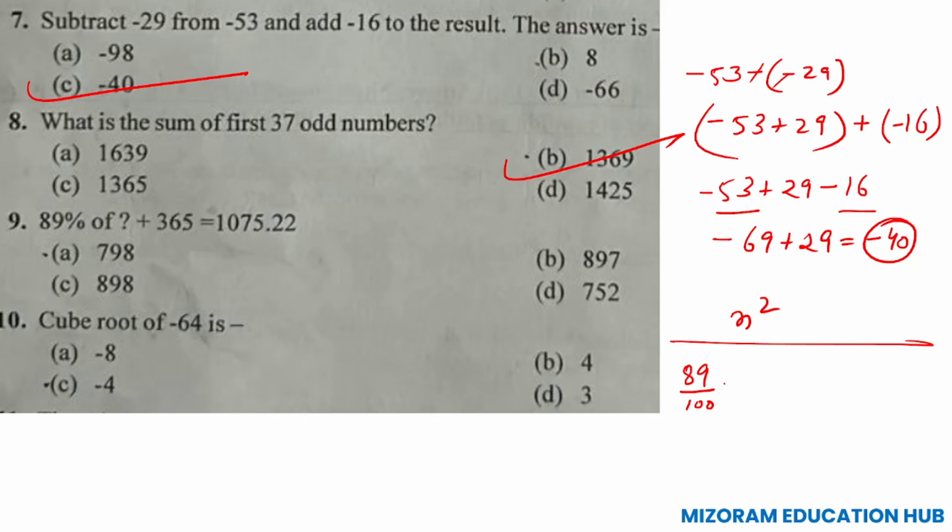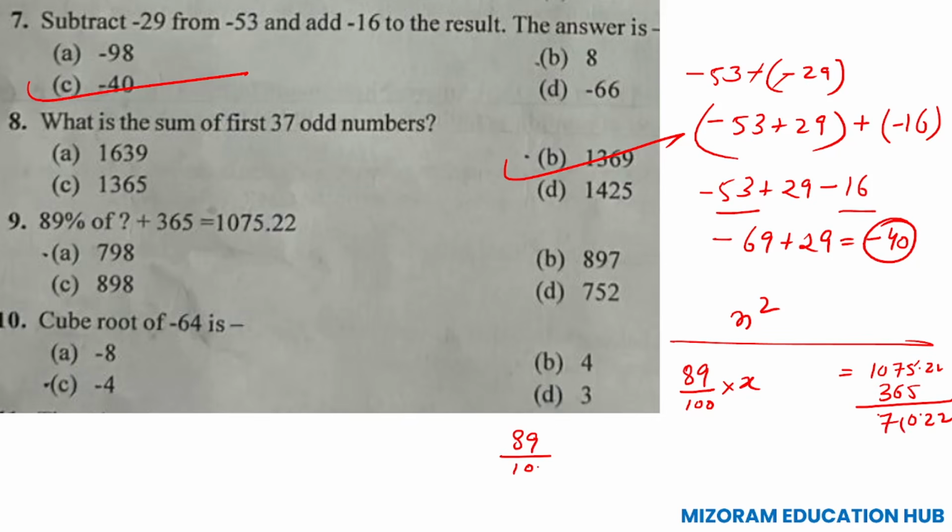89% of question mark plus 365 is equal to 1075.22. Transferring 365 to the other side, we get 1075.22 minus 365 equals 710.22.